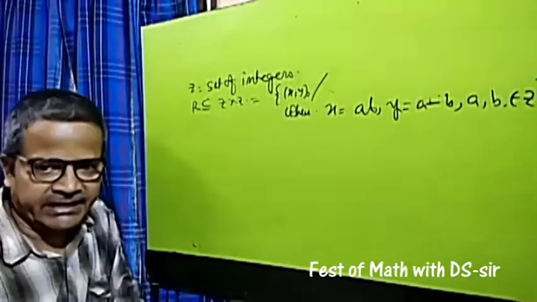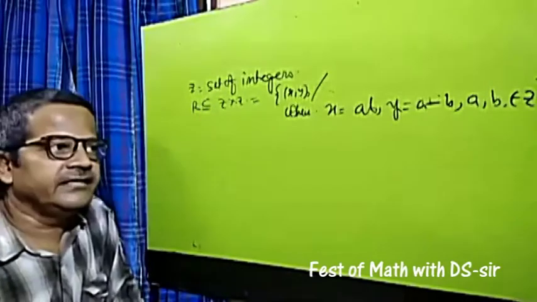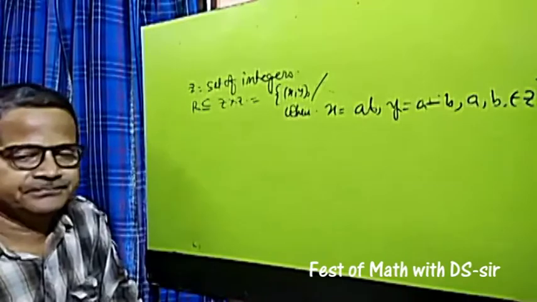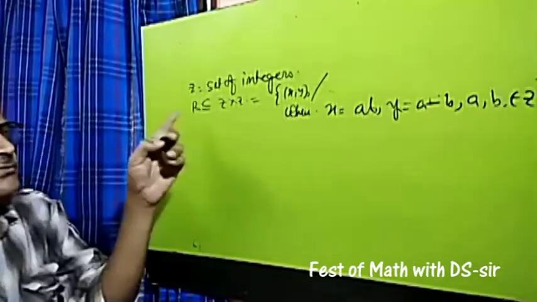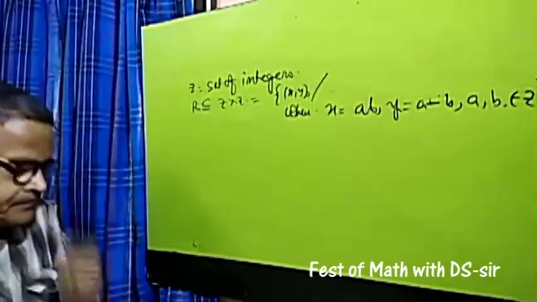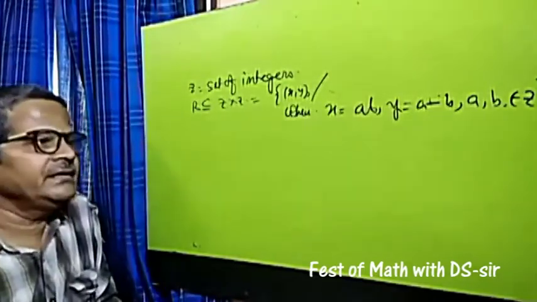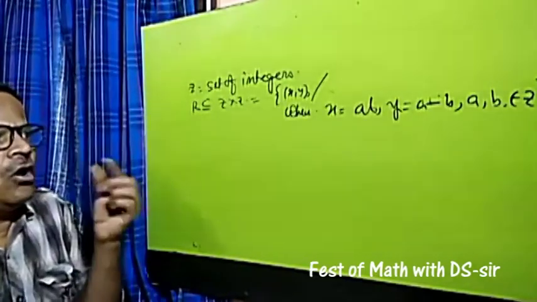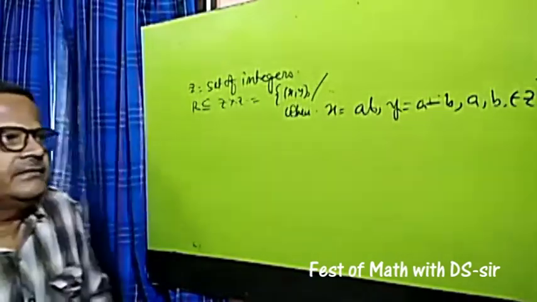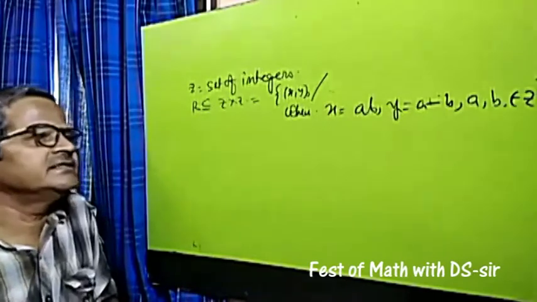Then I have to check whether it is a relation or not, a mapping or not. Now we have to check whether this is a mapping or not. To be a mapping, all elements in Z must have an image.